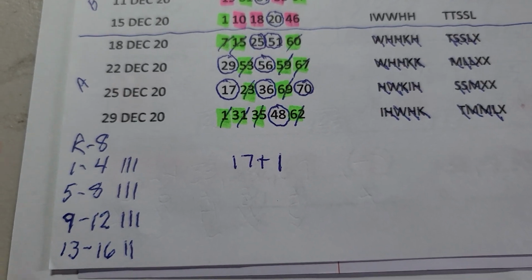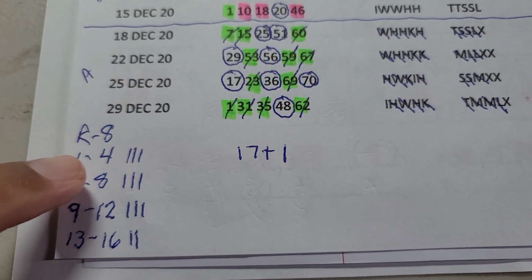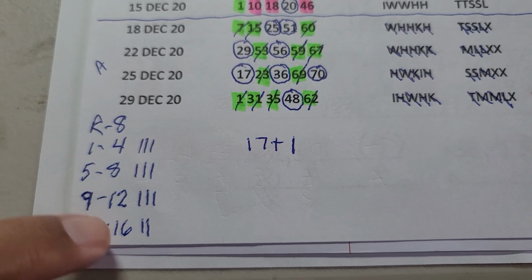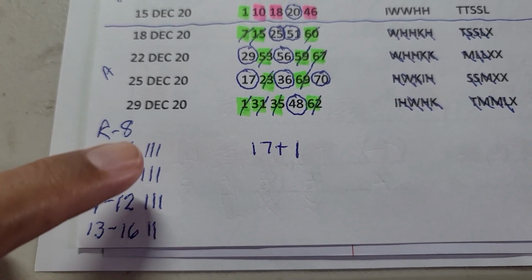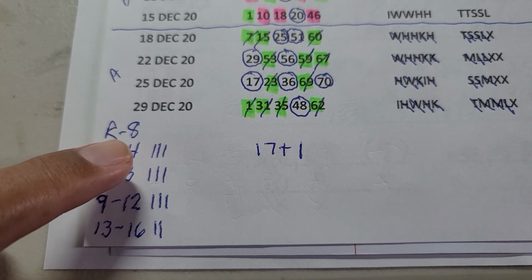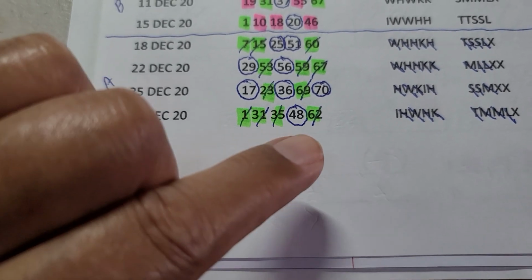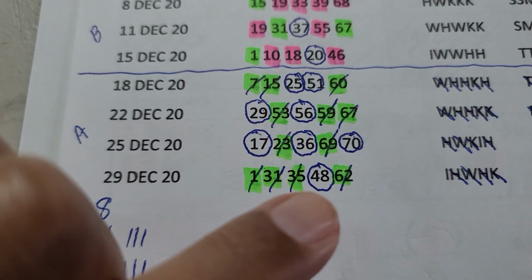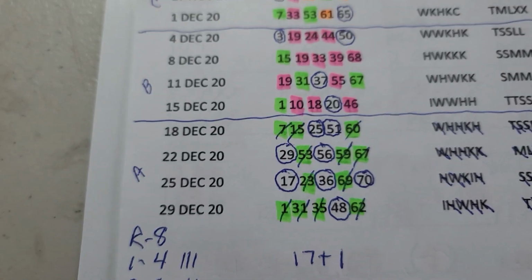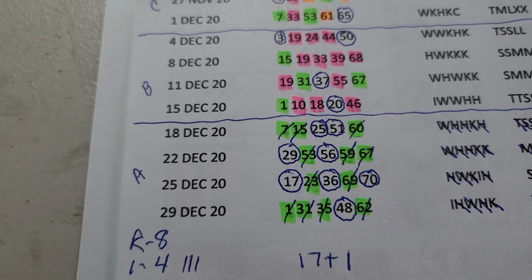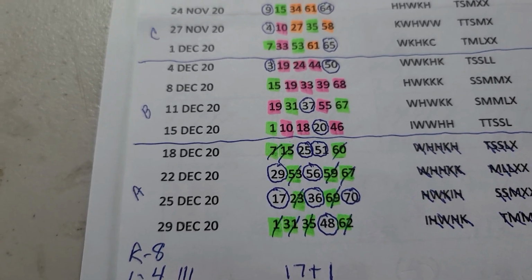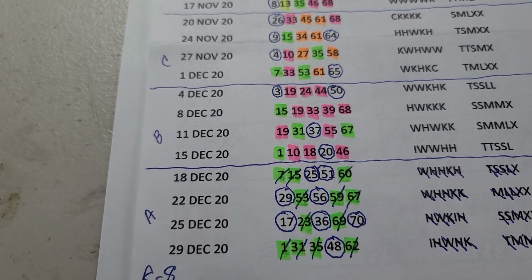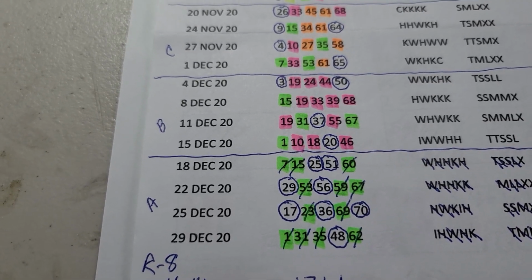And this R 1 through 4, 5 through 8, and 9 through 12 and so on, the R represents the returning numbers. Those are the circled ones. And you have 48, 17, 36, 70, 29, 56, 25, and 51.